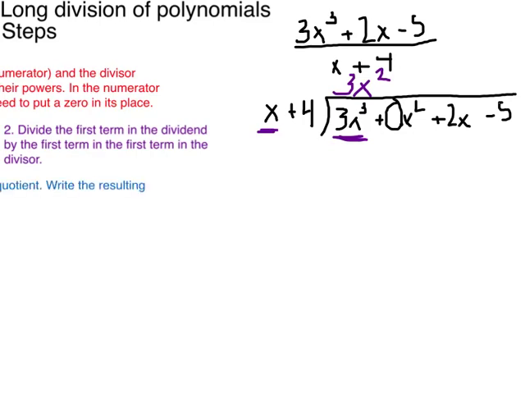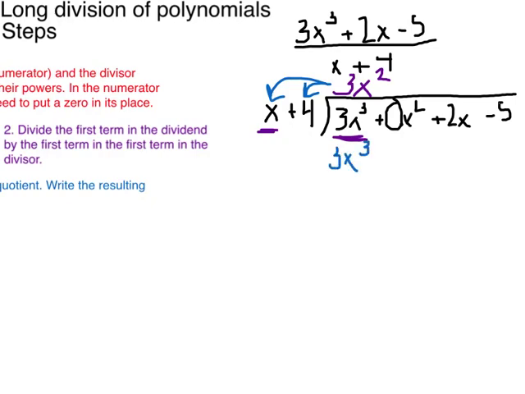So the third step, after you do the division, is you multiply. And what you're going to do is multiply every term in the divisor by this first term in the quotient that you found. So I'd go 3x squared times x, and I'm going to write that under its corresponding power.